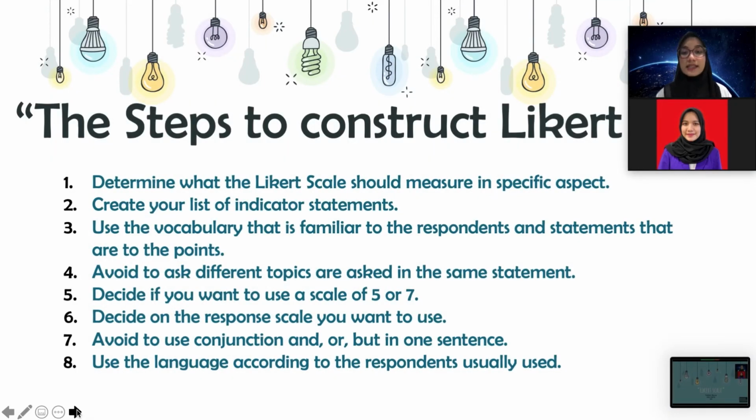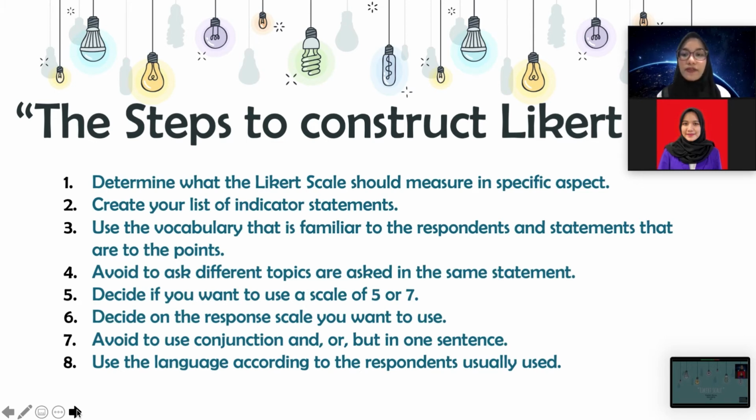And the next is the steps to construct Likert scale. The first is determine what the Likert scale should measure in specific aspects. It means what you want to measure, whether the agreement or the quality or the importance, it depends on your choice. And two is create your list of indicator statements. You are free to give the statements, the total may be 12 or 20, it depends on you.